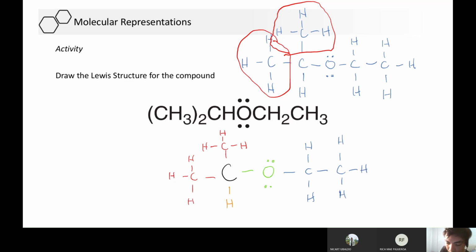As you draw the structure, keep in mind the octet rule. If you forget the octet rule, remember the valency.